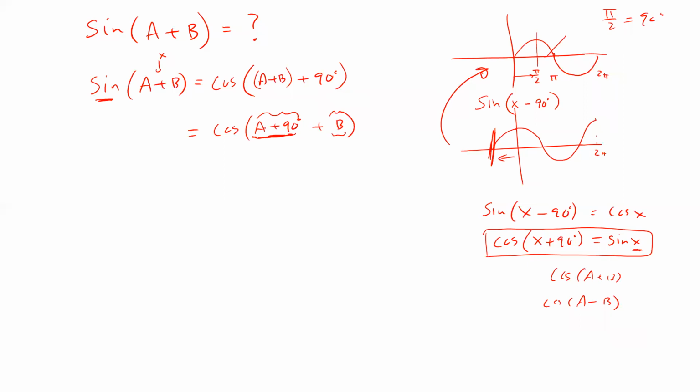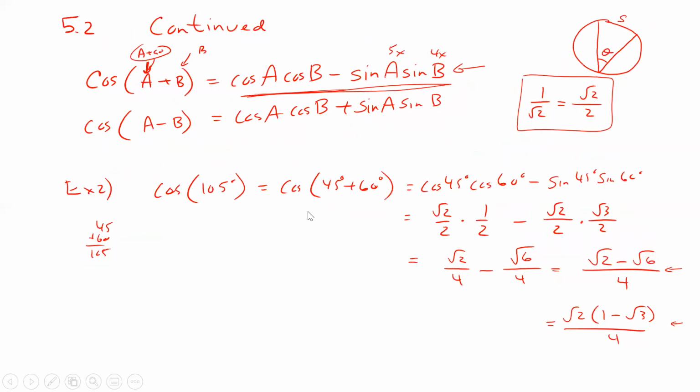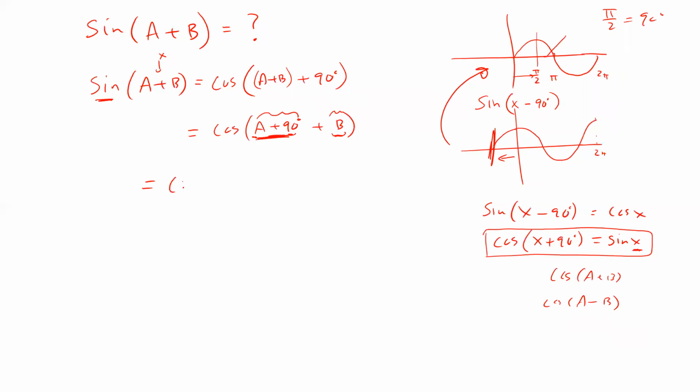Okay, so I'm going to go with this guy here. That's first angle, that's second angle. Let me go back to see my little notes here. So I'm going to go cosine of first angle times cosine of second angle, subtract sine of first angle, sine of second angle here. So see if this makes sense, guys.